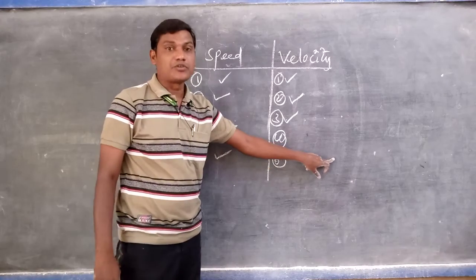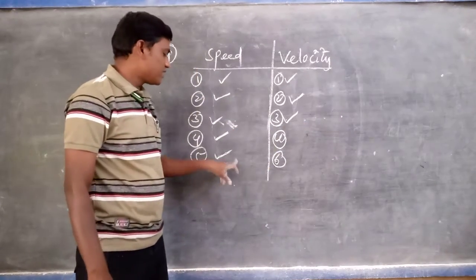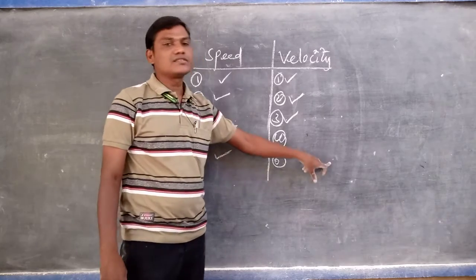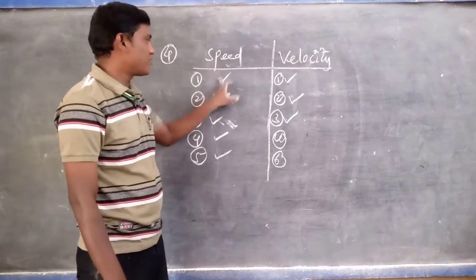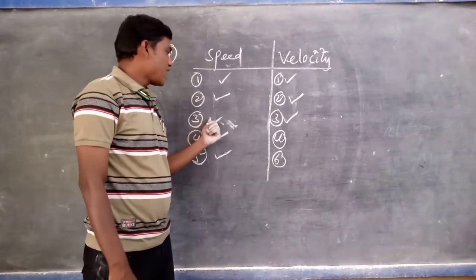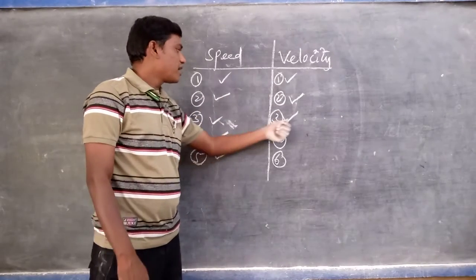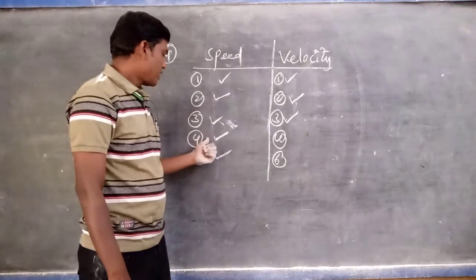Velocity can be zero when displacement is zero. So listen very carefully. First, you can write the definition. Second one, speed is a scalar, velocity is a vector. Speed cannot be negative. Velocity can be negative or positive based on the direction.